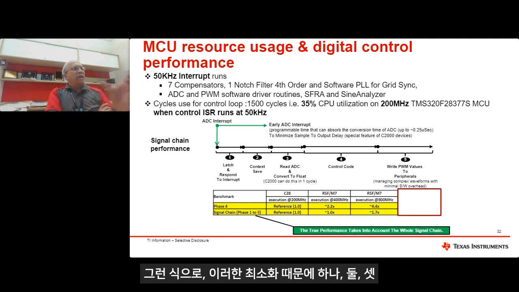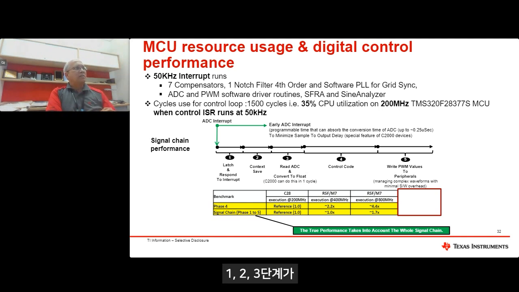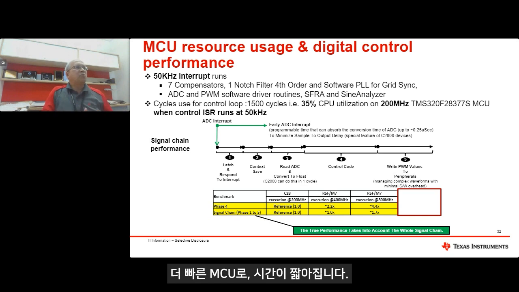Because of that minimization, steps 1, 2, 3 that you can see are absorbed while the ADC is converting and the result is ready. And then the control code is next, which for a faster MCU will take a shorter time.